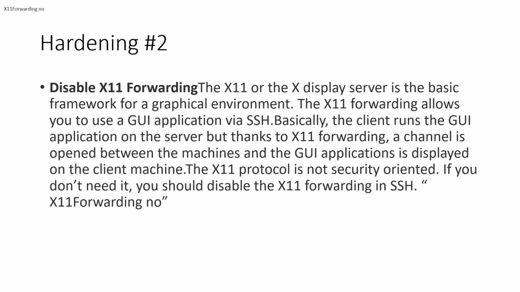The X11 protocol is not security oriented. If you don't need it, you should disable X11 forwarding in SSH and you would put in X11Forwarding no. So for us, we don't really need any graphic environment to do the things that we need to do. So we'll just disable X11 forwarding. Right, next hardening.